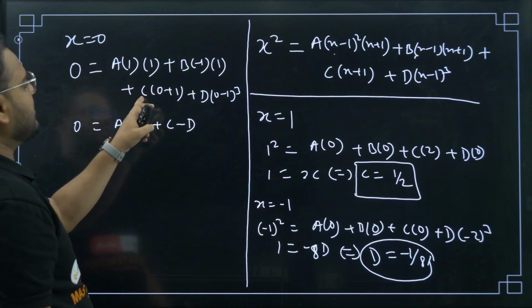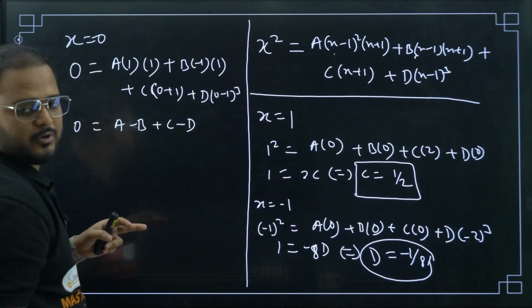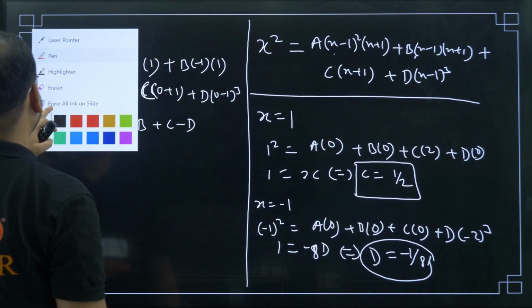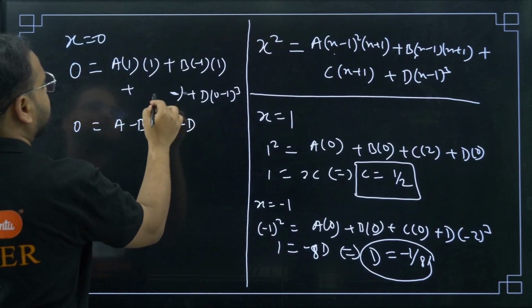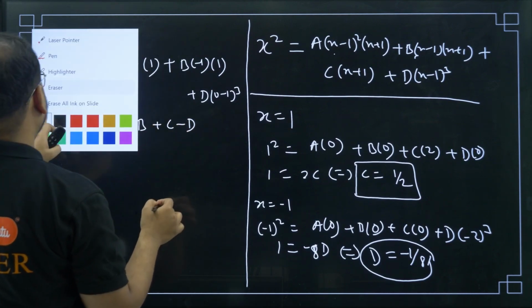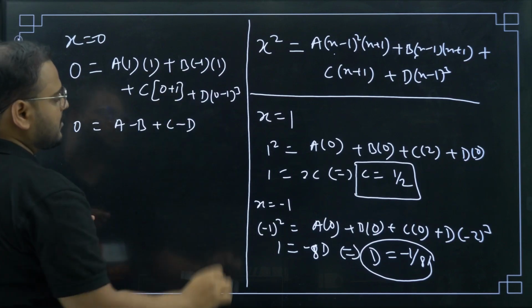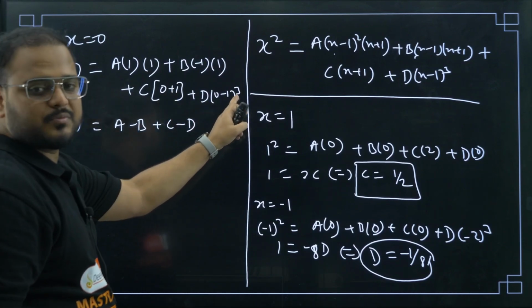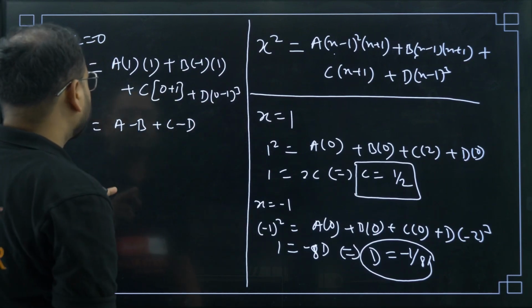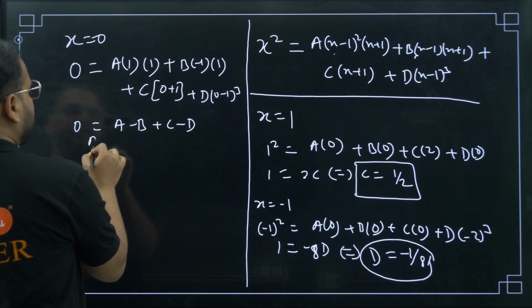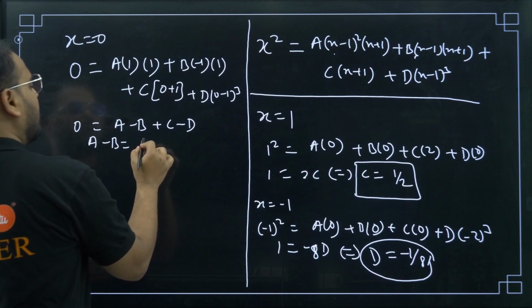Yes or no? C with positive of this, 0 plus 1 will be positive only. This is c. Okay, let me rewrite this part. Looks confusing. So c, 0 plus 1 is c only. And this is minus 1 cube, going to be minus 1 only, so minus d. So I have c and d value. So what I'm going to get a and b as? I'll get a minus b as d minus c.